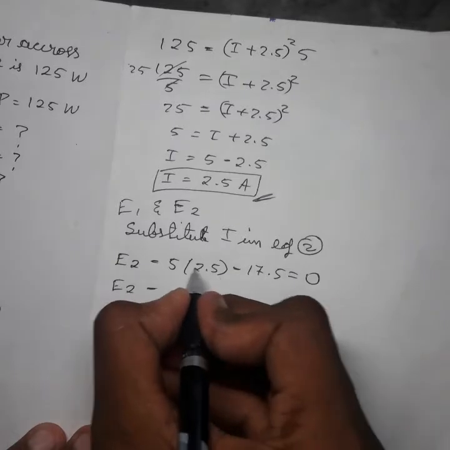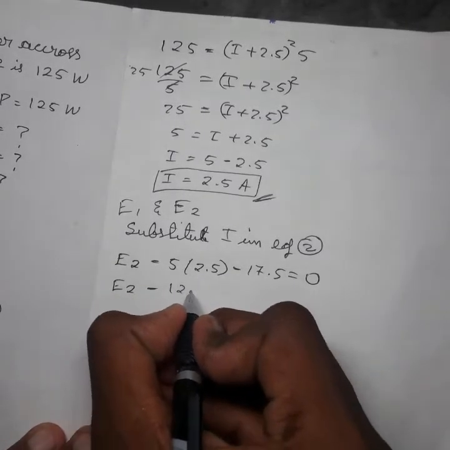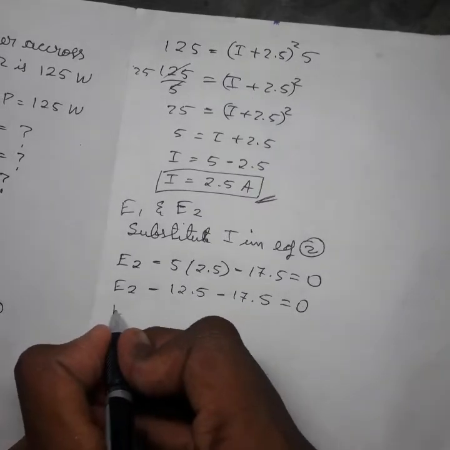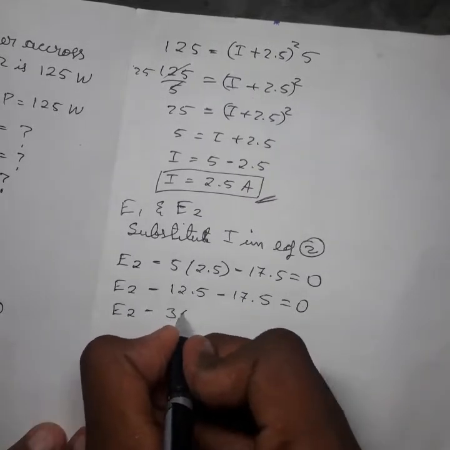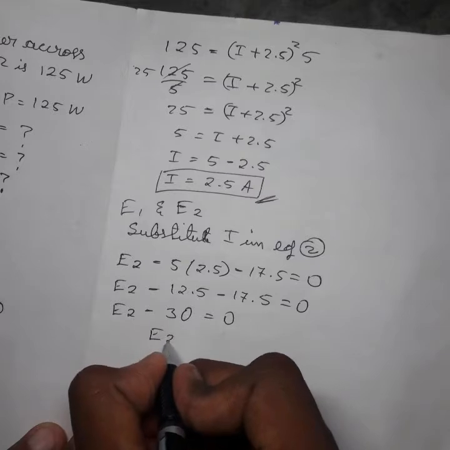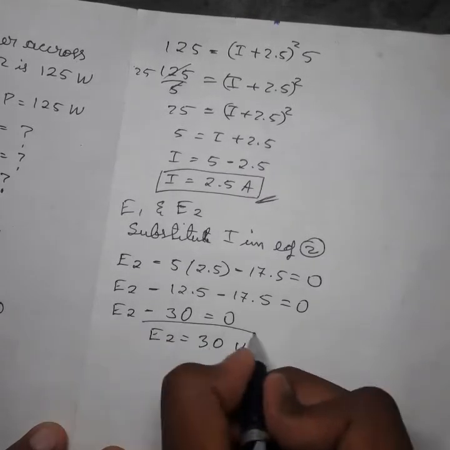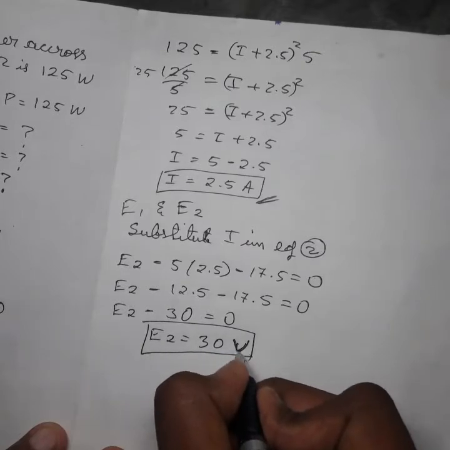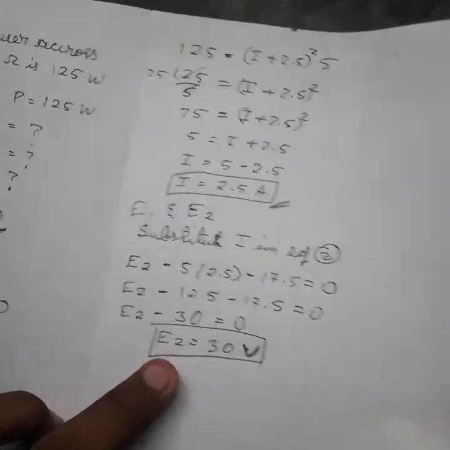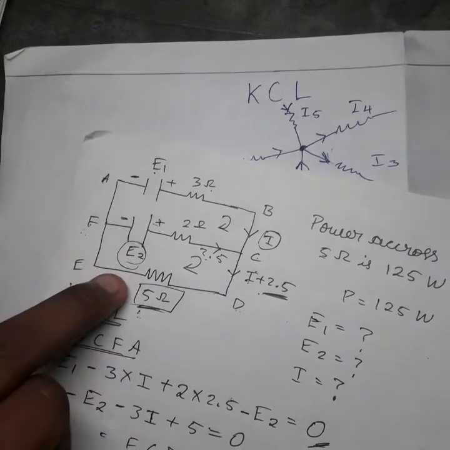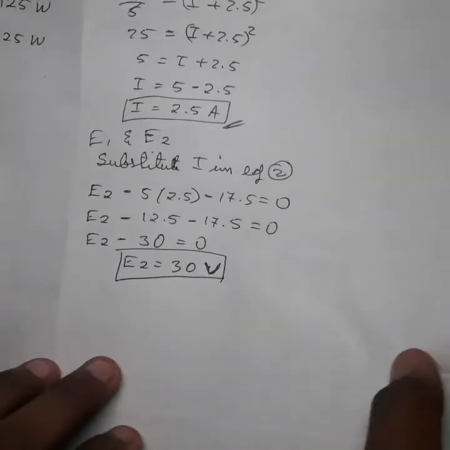So E2 minus 5 times 2.5 is 12.5 minus 17.5, which equals 0. E2 minus 30 equals 0, and we would get the value as 30 volts. And E2 is the voltage of this battery, that is E2 is 30 volts.